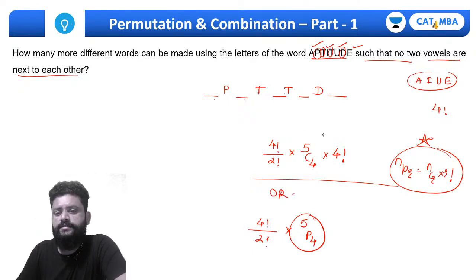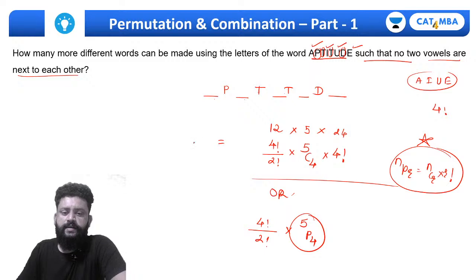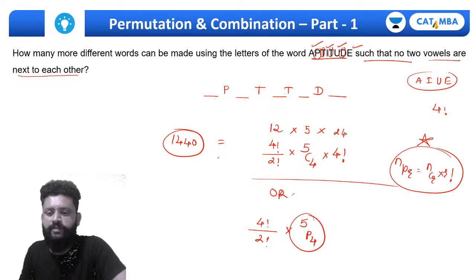So if you solve this, what we will get, this will be 12, 5C4 is 5, and this will be 24. So final answer has to be 1440.